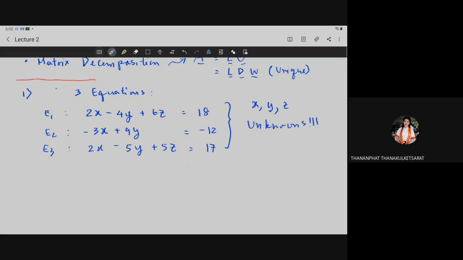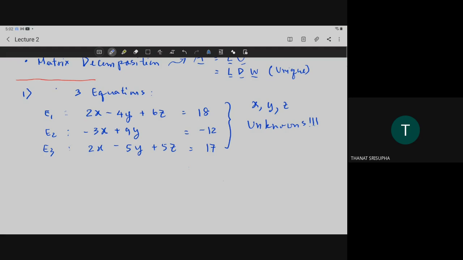Does anyone have an idea, can you share? Tanat, Tirawit, for example. Tanat, do you have any idea how to solve this type of equations? Eliminate any parameters. Say again? Eliminate any parameters. Okay, so that's one way of doing it.